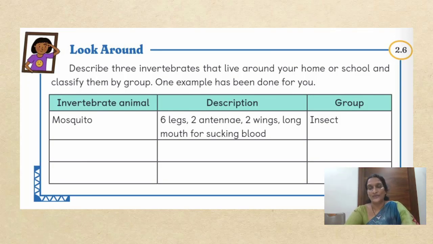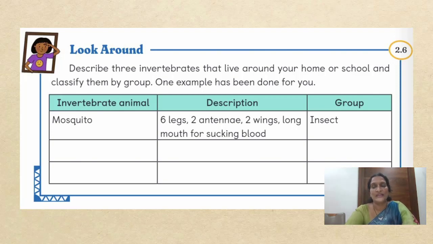Now here, you know many animals. I have shown you videos also. Do this activity. Describe any 3 invertebrates. You can describe the ones in your videos, or those that live around your home or school, and classify them by group.